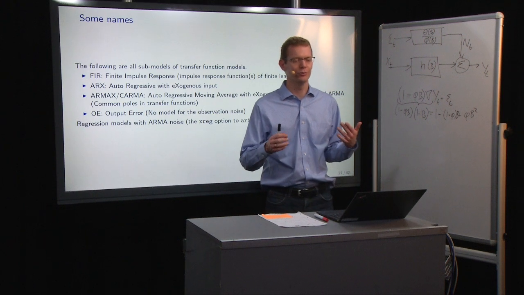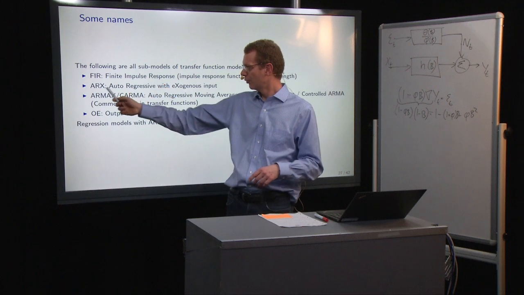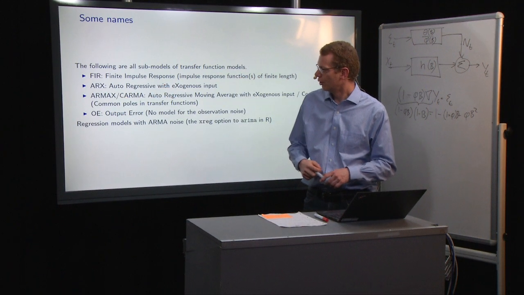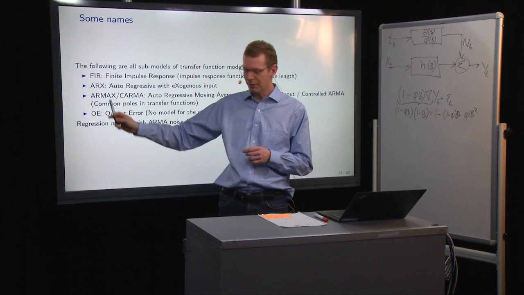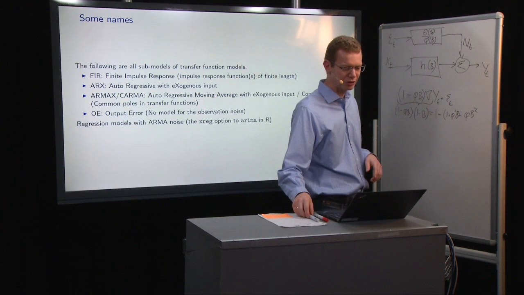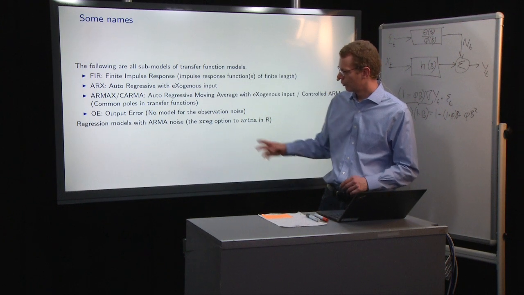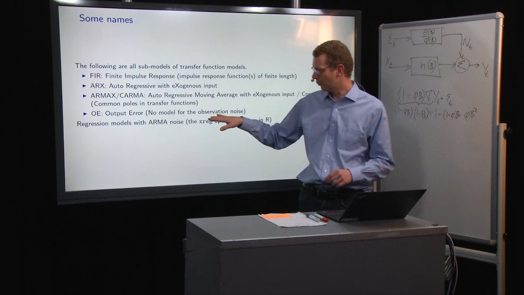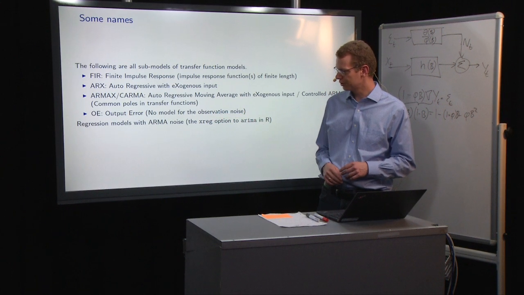And if we look at some names of this, then we have so-called finite impulse response models. We have the autoregressive models with exogenous input. We also have the ARMAX models, autoregressive moving average models with exogenous input, sometimes also called output error models, where you don't have any model assumption for the observation noise.